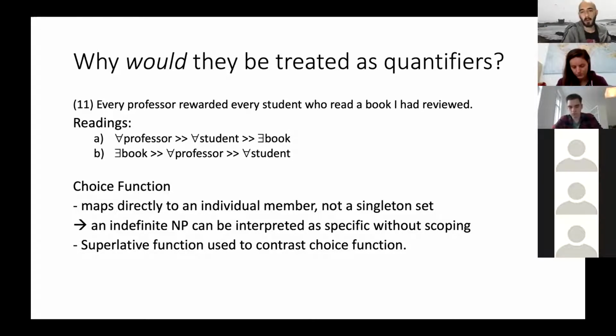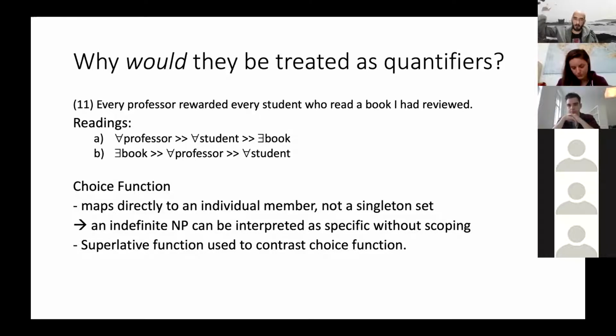Whereas in the standard existential quantifier interpretation, it is the indefinite itself that introduces its quantificational domain, basically via the use of the indefinite.